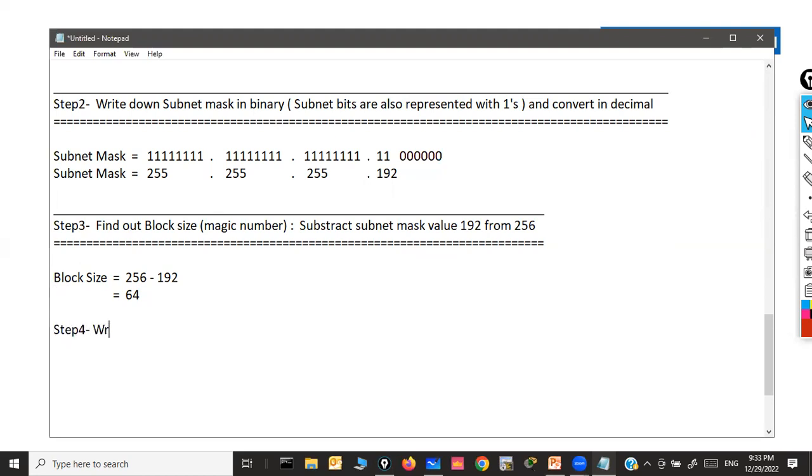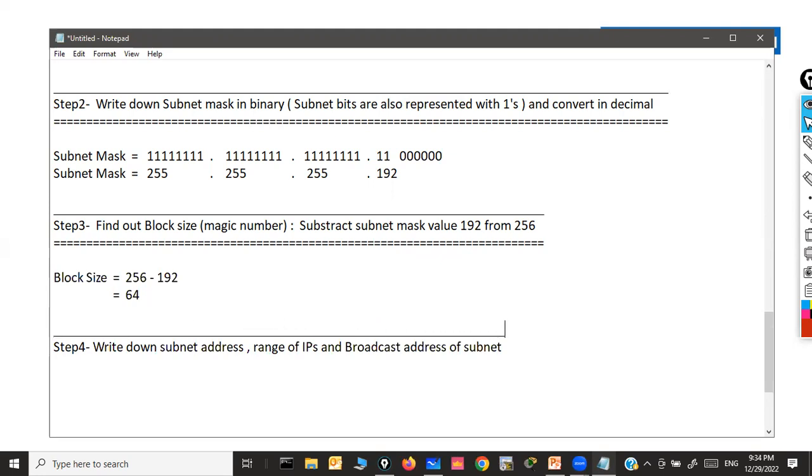Write down subnet address, range of IPs and broadcast address of the subnet. You understand, broadcast and subnet address both are not used, both are reserved. We will be using the subnet address later on, but the broadcast address is used internally by end devices. We never use them. So this is step number 4.